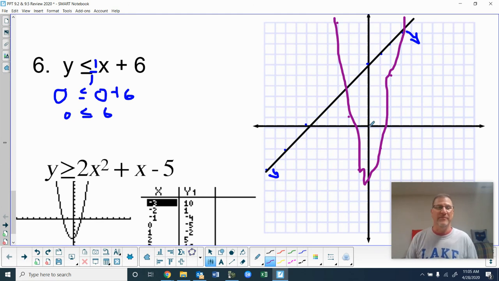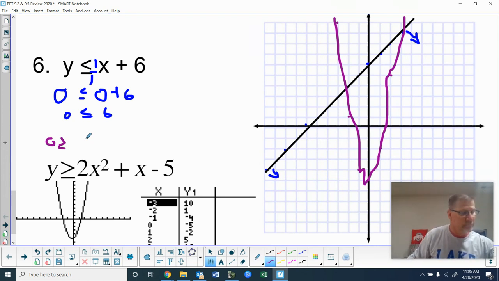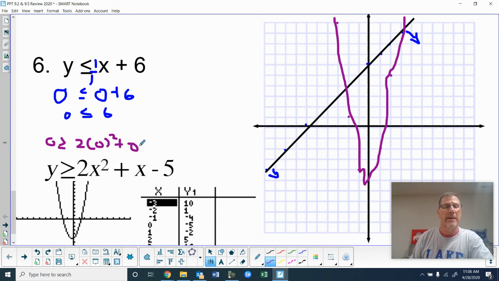All right, here's 0, 0. So let's plug 0 in. 0 bigger than, I'm sorry, bigger than or equal to 2 times 0 squared plus 0 minus 5.